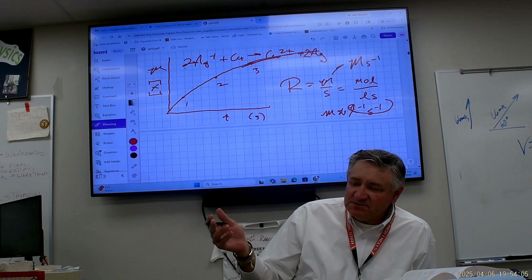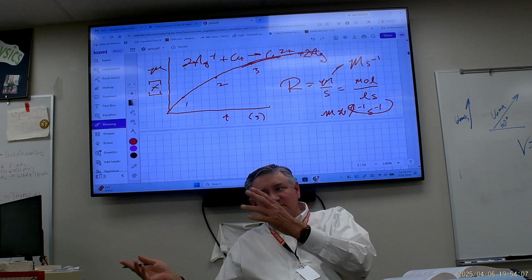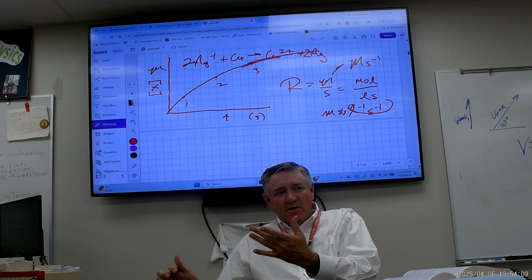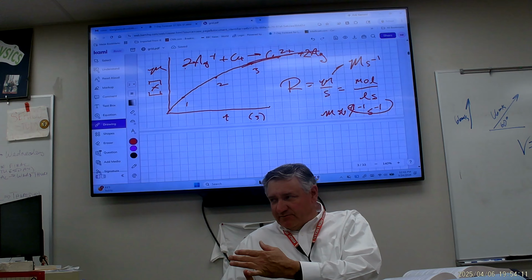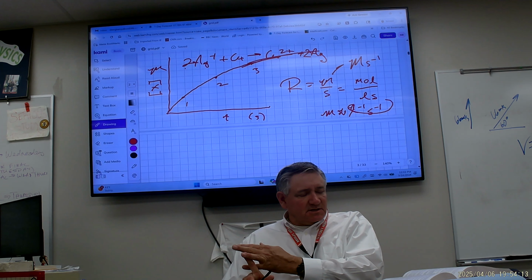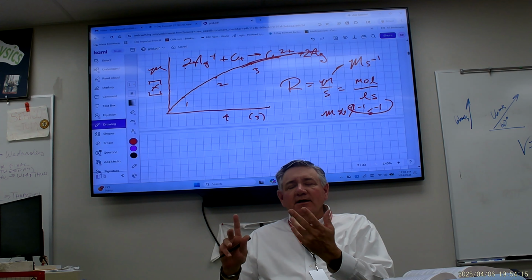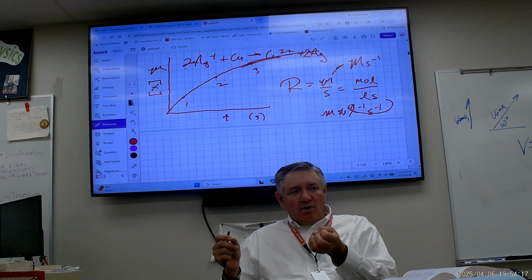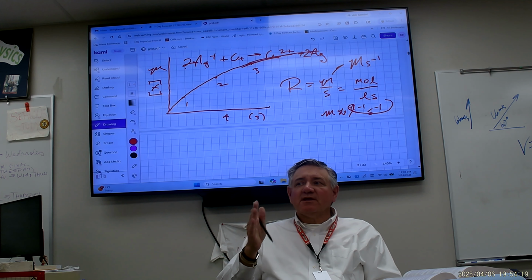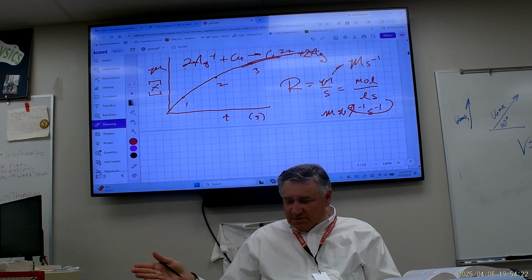Small numbers mean the forward reaction is not favored. Whether it's the dissociation of a weak acid or a solid dissolving in water, anything that has a very small K, less than 1, is not favored in the forward direction.